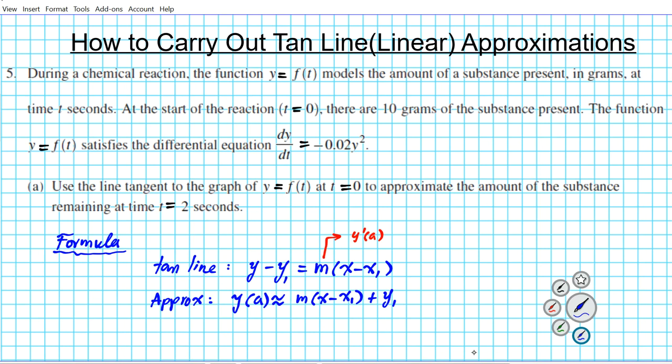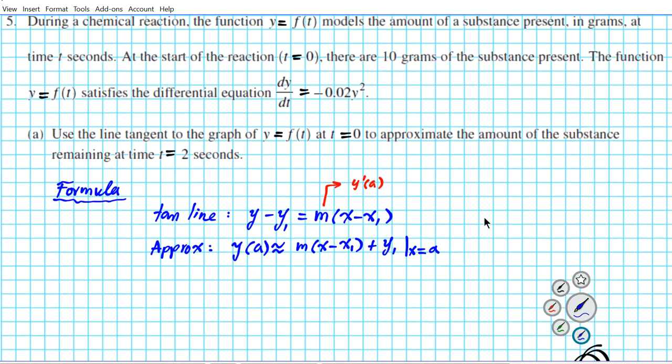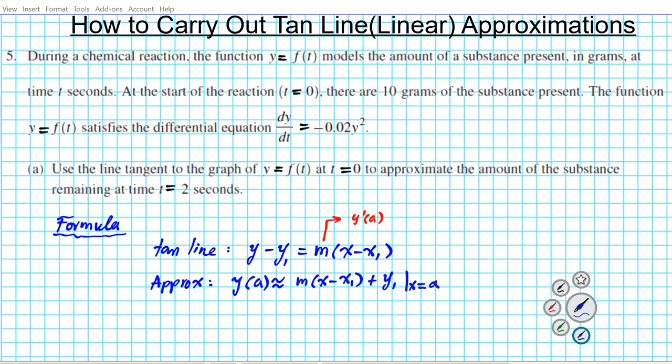Okay? Let's be more specific here, because in this particular formula, we need to evaluate it when x is equal to a. So let's put a line here to show what's going on. So this is evaluated at x equals a.